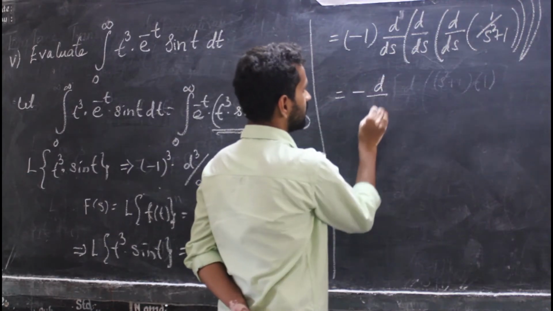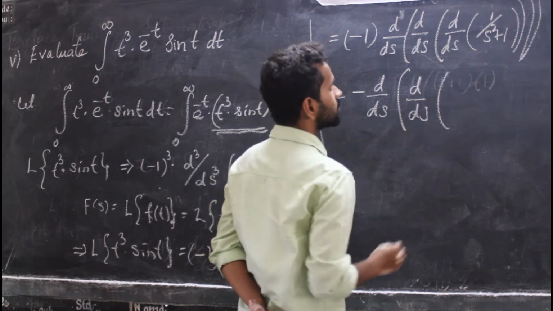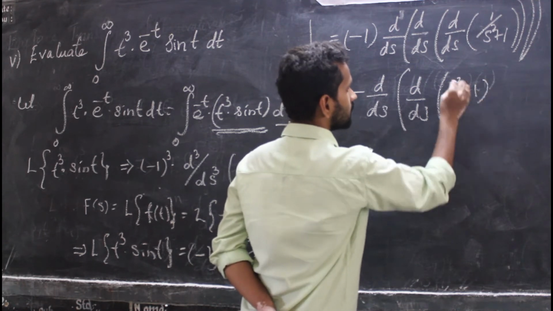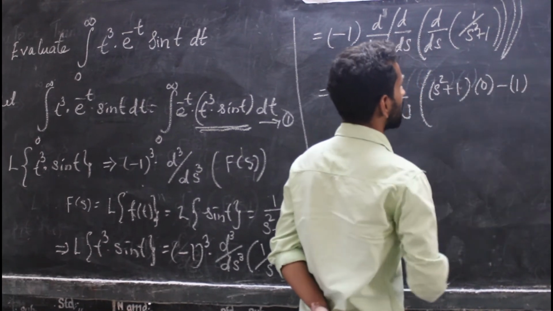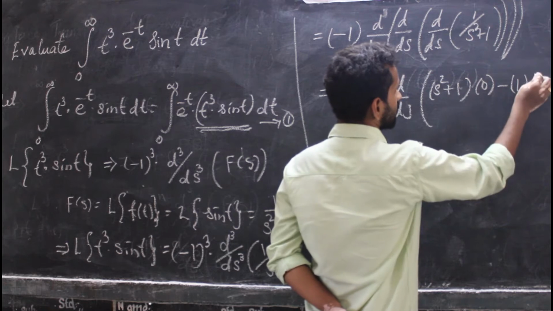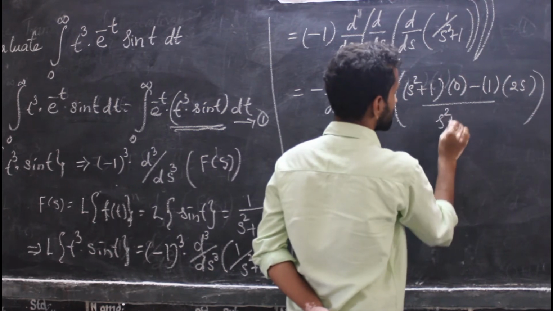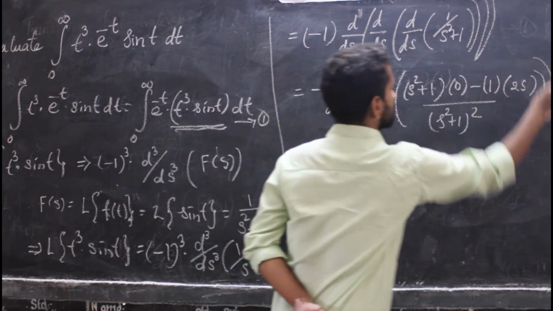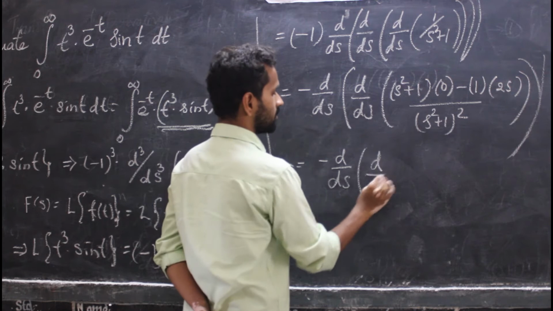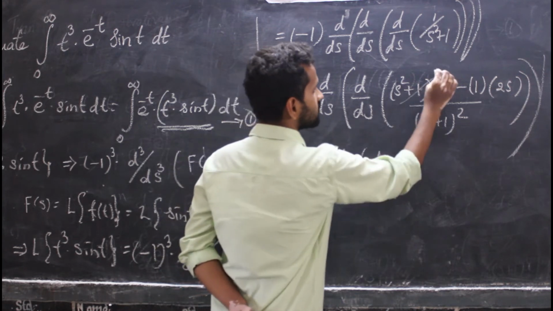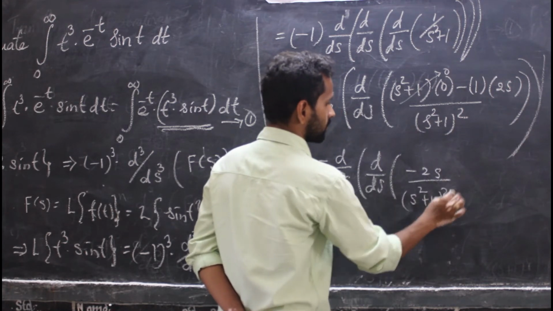Becomes minus d by ds of d by ds of, now I differentiate this: s square plus 1, differentiation of 1 is 0, minus 1 is constant and keep as it is, this becomes 1 into 2s divided by s square plus 1 whole square. So this becomes minus d by ds of d by ds of minus 2s divided by s square plus 1 whole square.